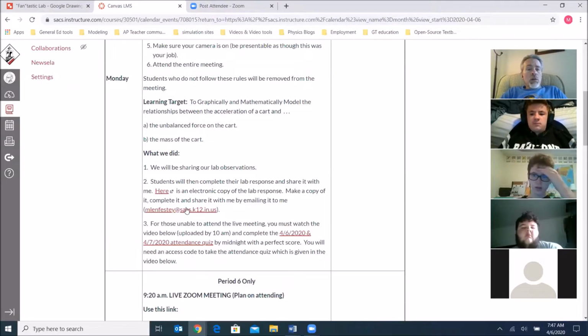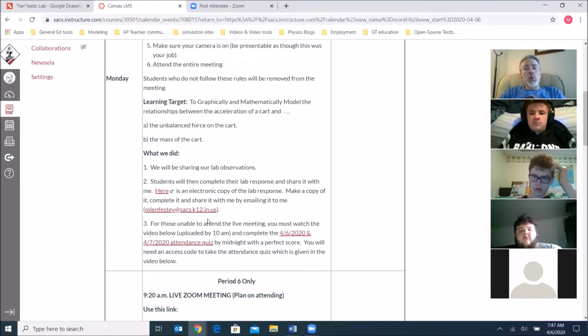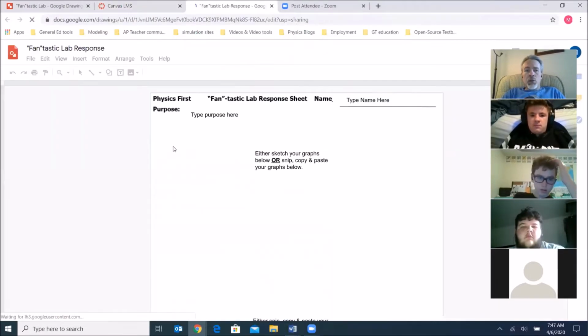Okay, so what we're going to do first is share our lab observations. First of all, I need to talk about this: if you remember, whenever we do a lab, afterwards we whiteboard it, and then I give you a sheet of paper where you basically just copy all the answers and turn it in. Well, we're going to do something similar to that, but you can't turn it in to me on a piece of paper. So the lab is right here. You'll click on this link, and you'll do this later.